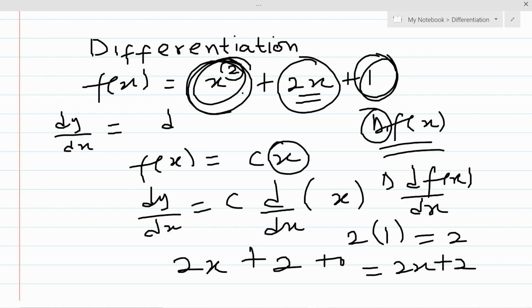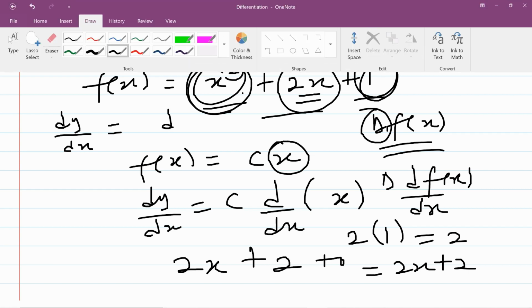So if you have functions that are adding, like I said, like this one, there are different polynomial functions, we are adding them, so we differentiate them term wise.